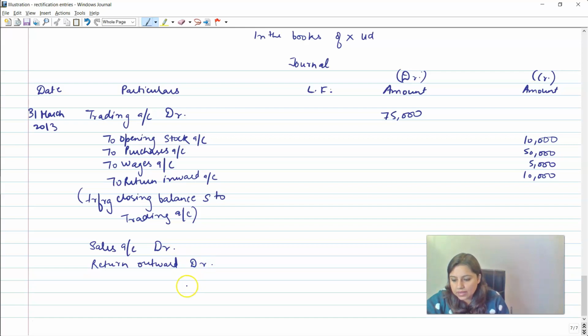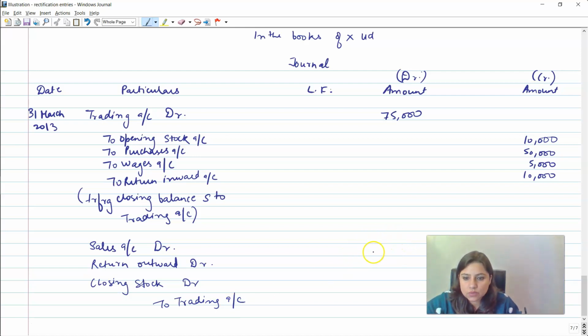And we also have closing stock, which will again be debited and thus crediting the trading account. So the total sales that we have is 1 lakh, and in the journal we will be debiting such accounts. So the return outward is again 5,000.